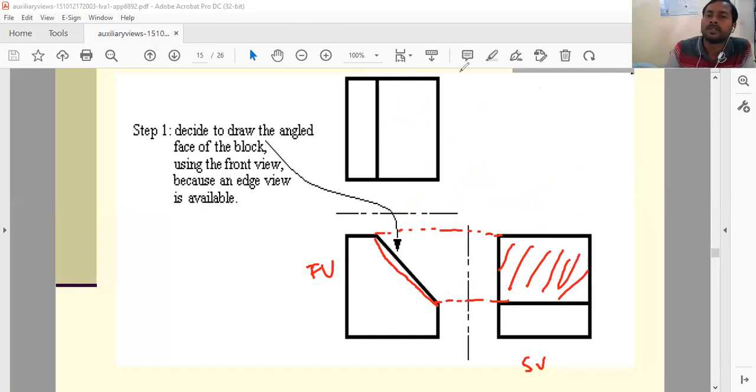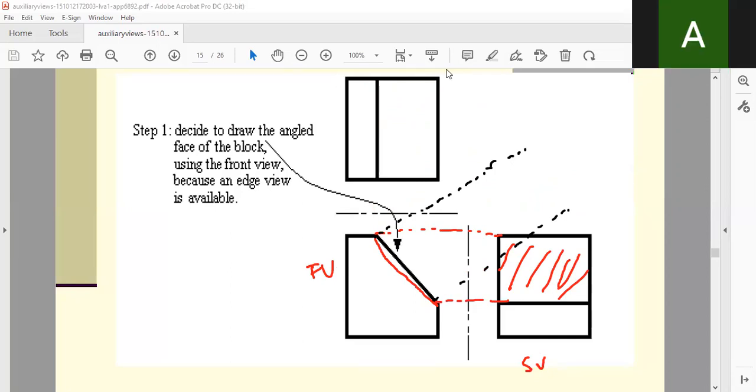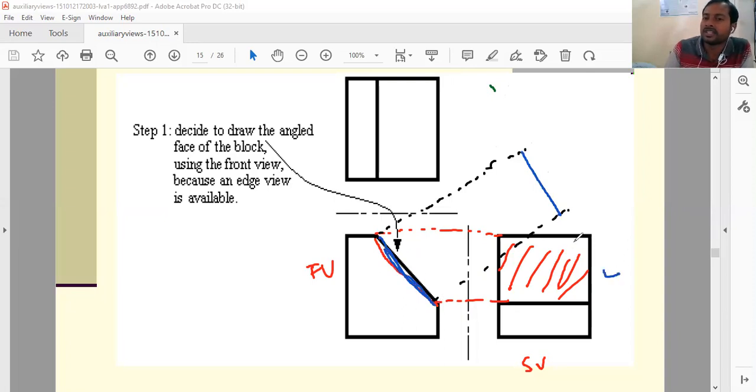Okay, now let us extend these lines. Where the space is sufficient, there you should draw a line in parallel with the inclined line. So this is the length and this is the width.